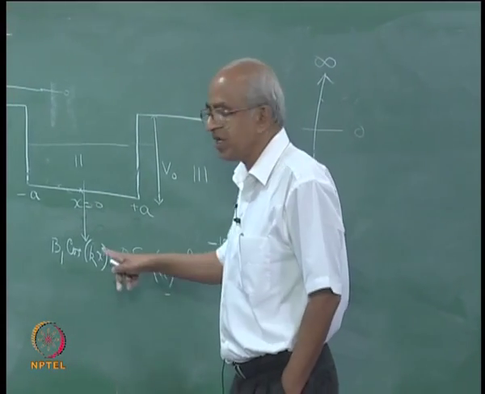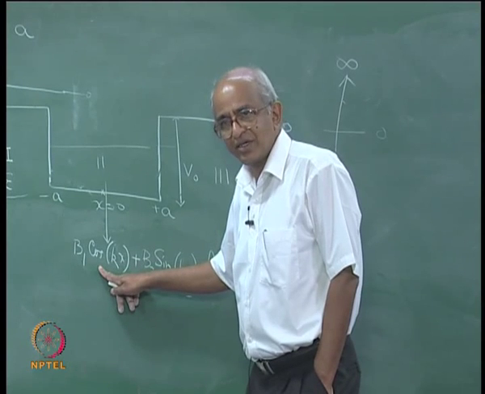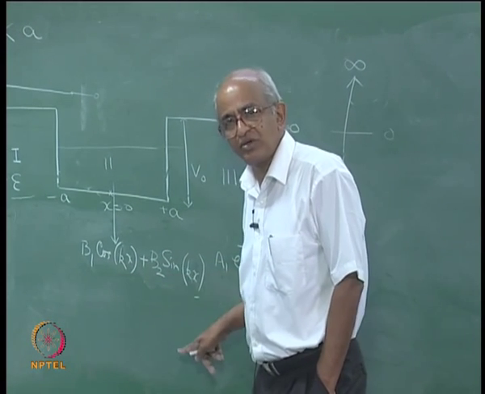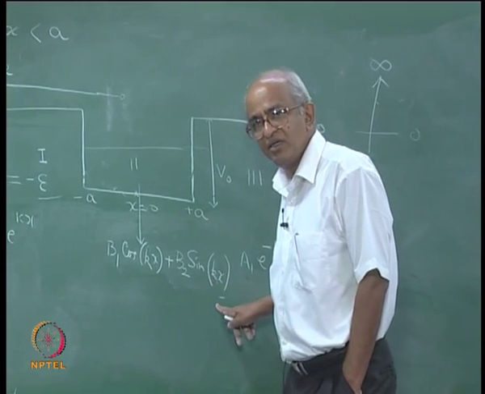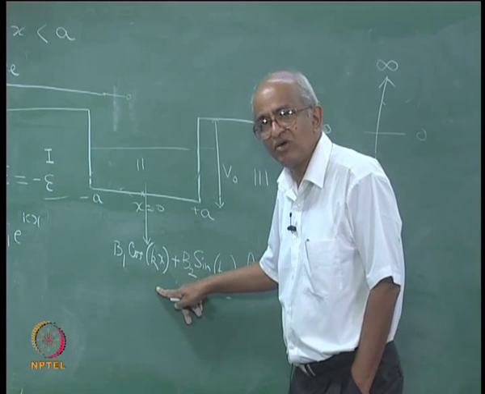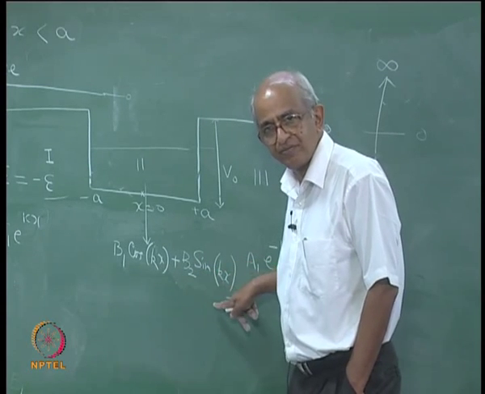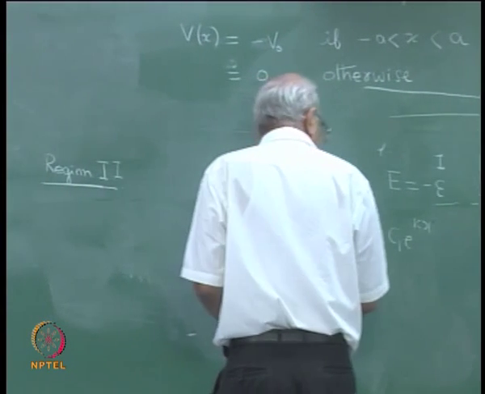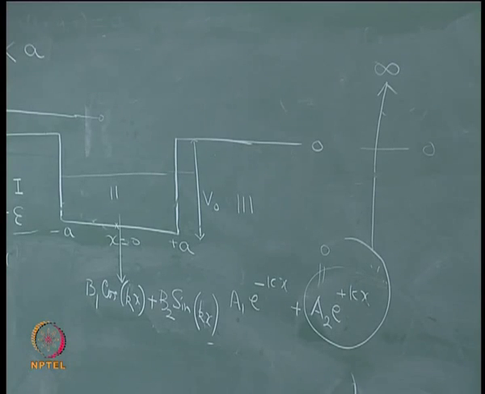I am going to have only cos kx, I will not have sin kx, and if I am looking only at odd solutions, then I will have only the sin function, I am not going to have the cos function, and that is an enormous simplification. So, let me imagine that I am going to look only at the even solutions of this Schrodinger equation. At the moment, later on I will have to look at the odd solutions.